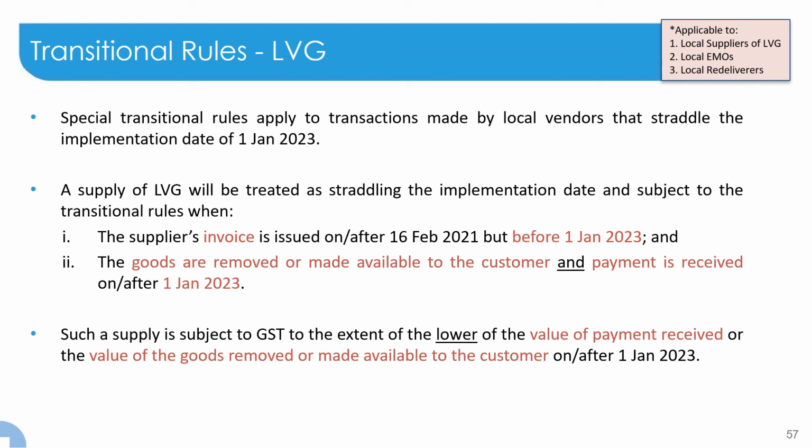Such a supply is subject to GST to the extent of the lower of the value of the payment received, or the value of the goods removed or made available to the customer on or after 1st January 2023.